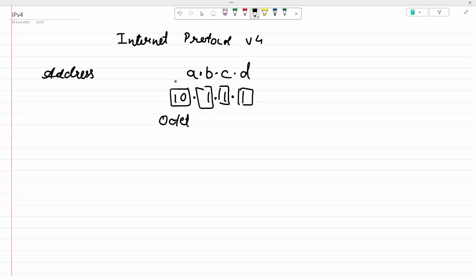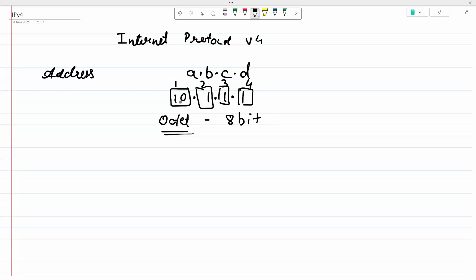So we call these the first octet, second octet, third octet, and fourth octet. Why is it called an octet? Because the number between the dots is actually an 8-bit number.